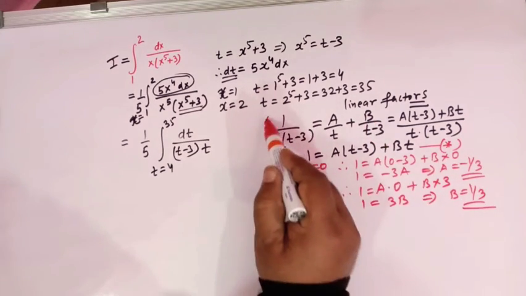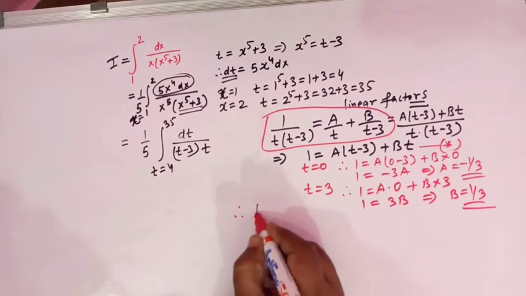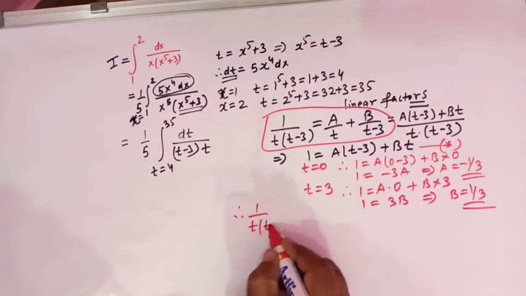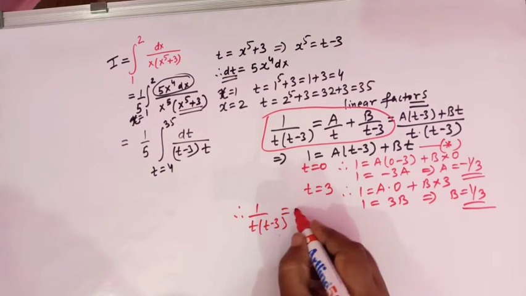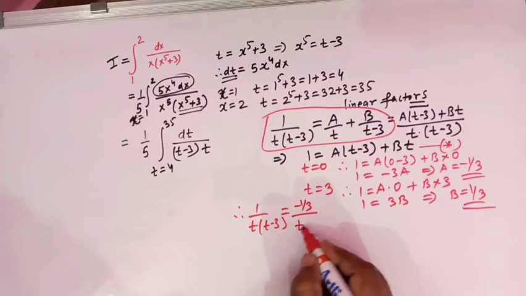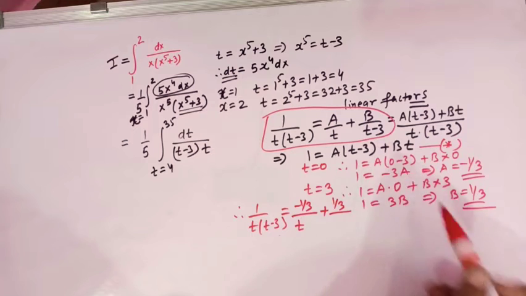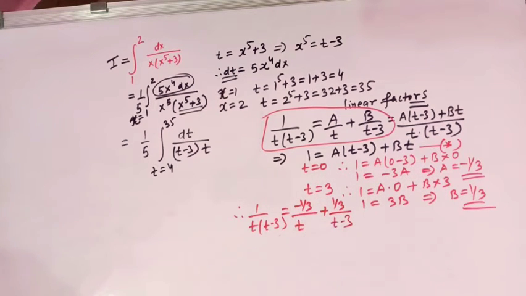So now 1 over t times (t minus 3) is equal to minus 1 over 3 times 1 over t, plus 1 over 3 times 1 over (t minus 3).